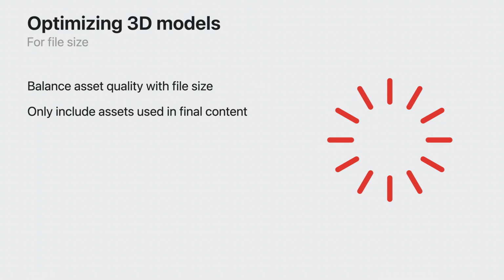To keep file size to a minimum, make sure to only include what's really used in the final package that gets distributed. For example, older versions of audio files that are no longer being used for your scene should be removed from final assets before distribution. Lastly, to ensure a better sharing experience, we recommend you keep your file size less than 25 megabytes.